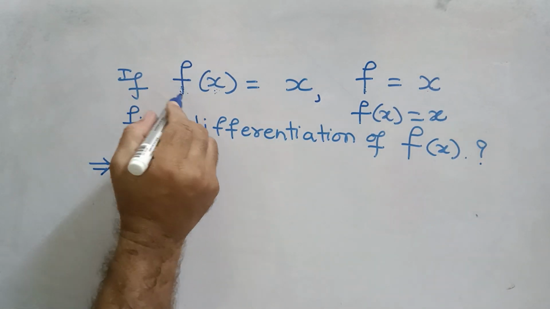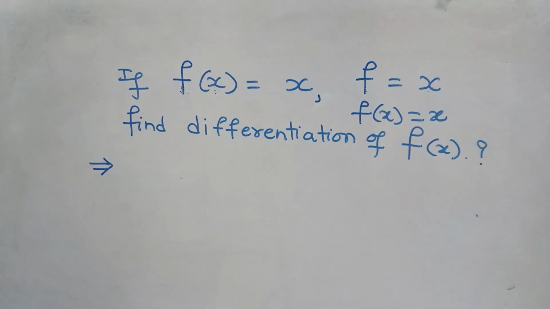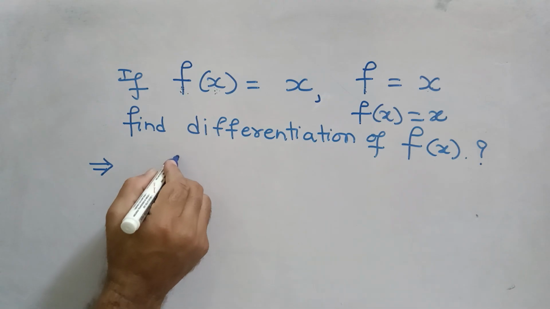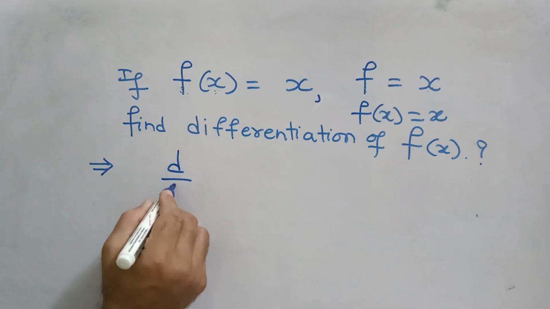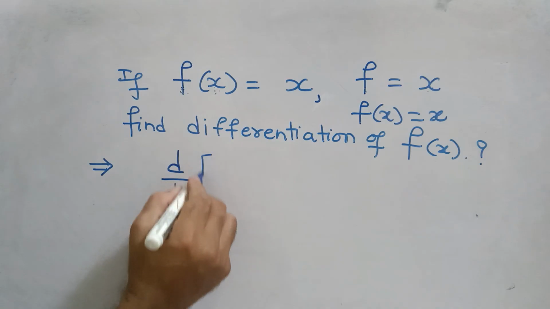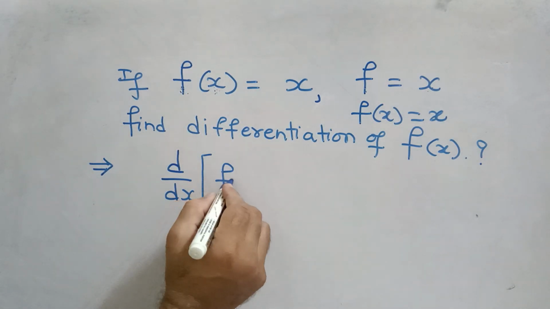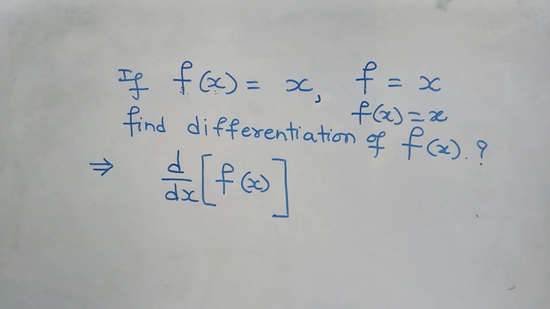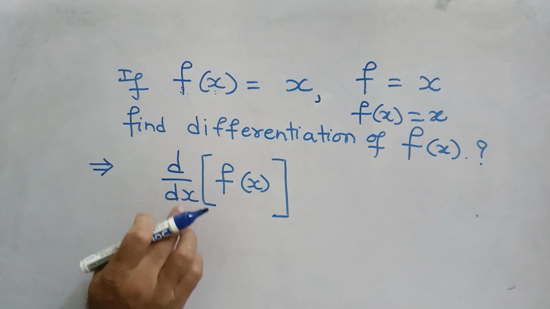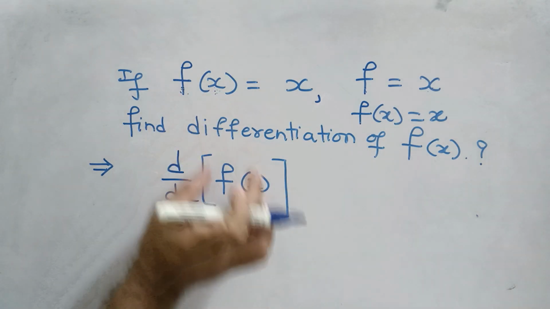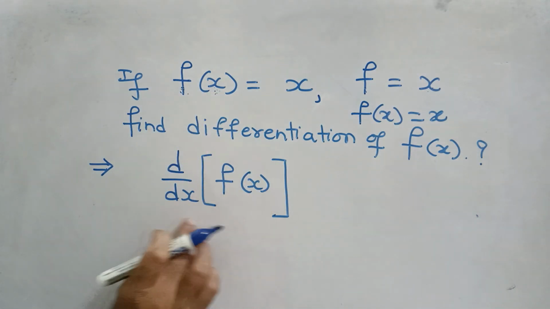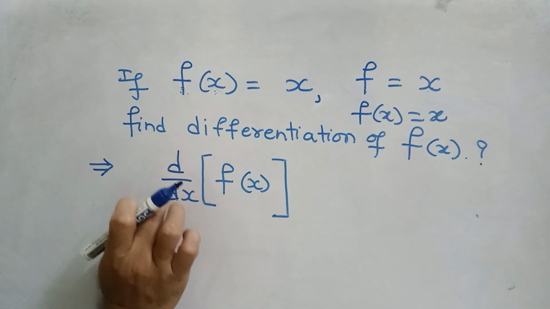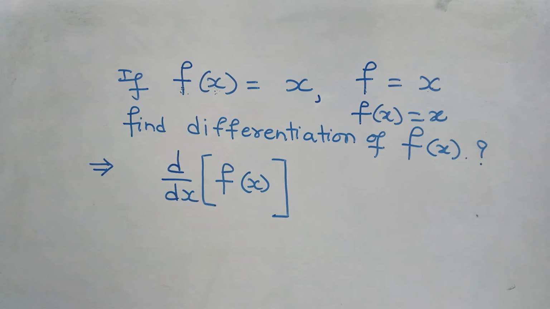Then how to determine the differentiation? As I already explained, the differentiation can be denoted as d by dx of f of x. Any confusion in this? No. If I write d by dx of f of x, this means I am going to find the differentiation of the function f of x.